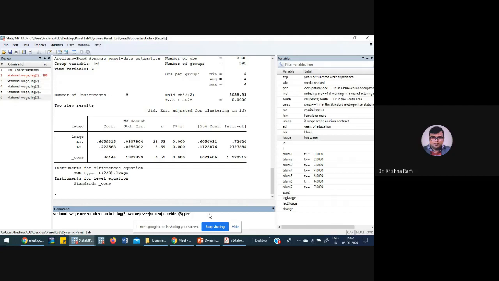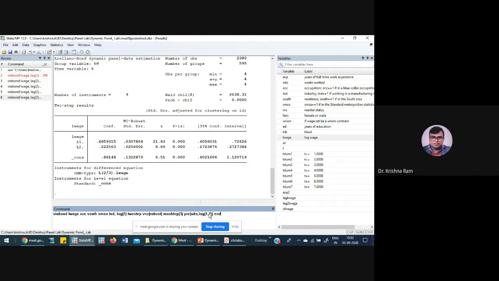Then you are going to define the pre-determined variable. I will come on to what this predetermined variable is. So the variable name here is WKS, which is weeks worked. The lag value is 1 dash 2. I will explain what this 1 dash 2 means.